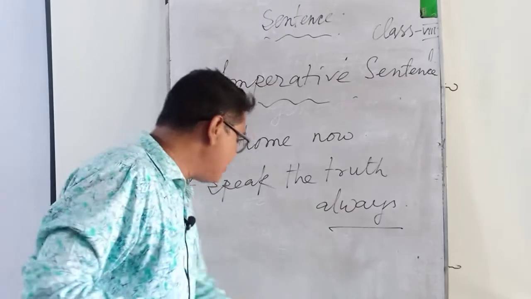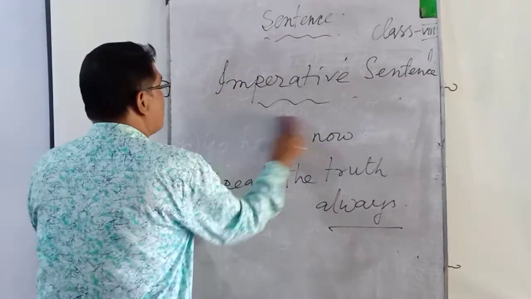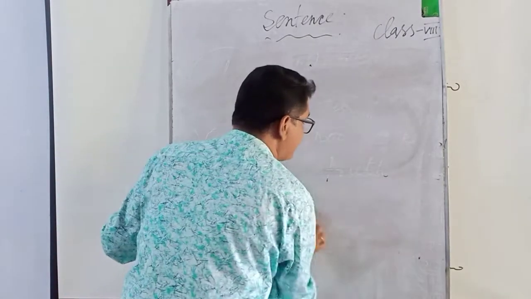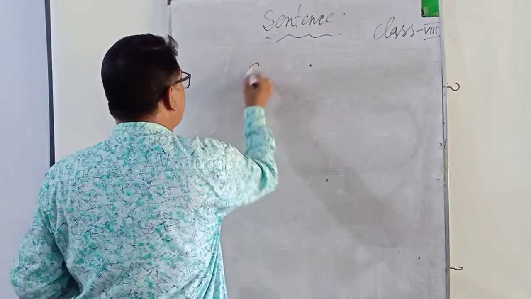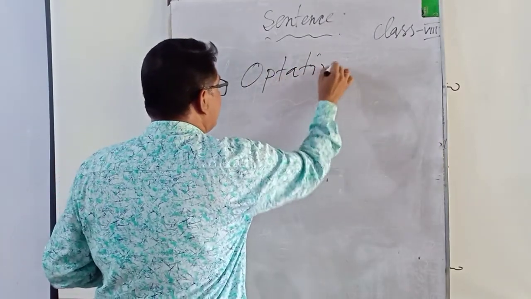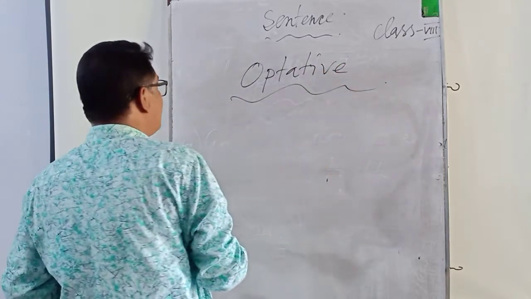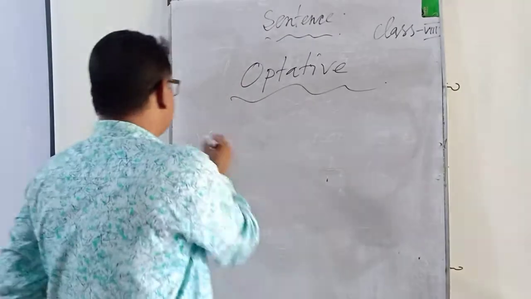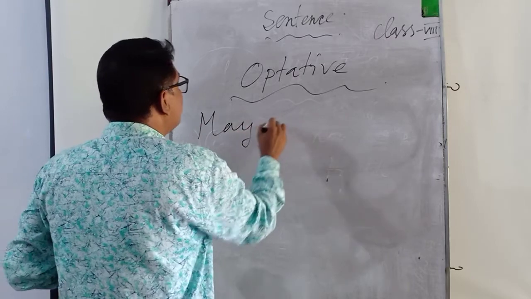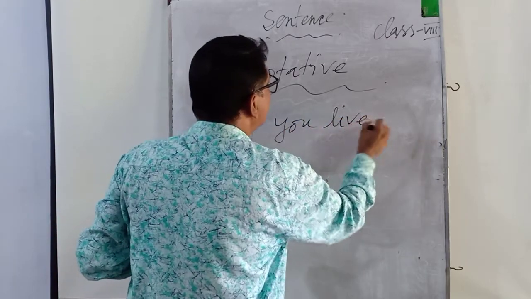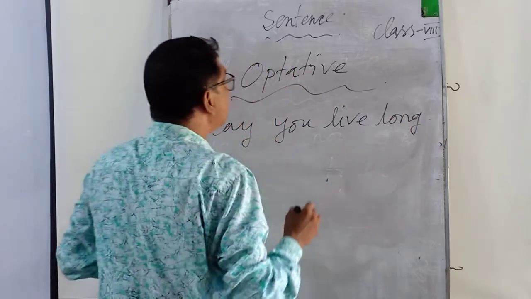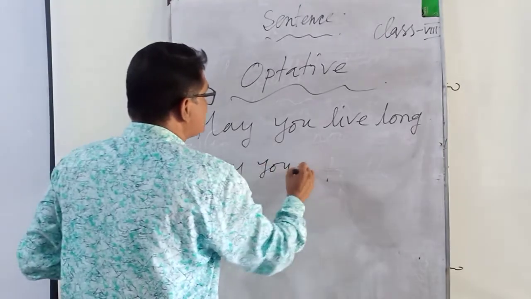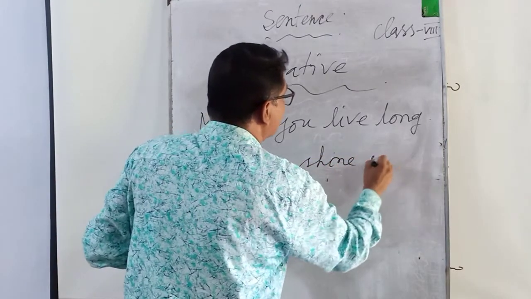Now come to the optative sentence. How can you form an optative sentence? I am writing here an example. Suppose, May you live long. May you shine in life.